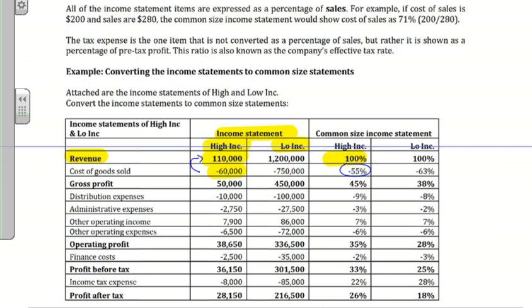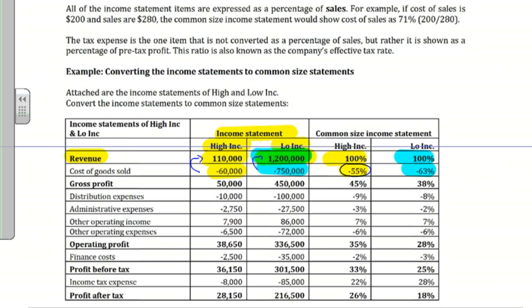When I look at Low, Low's revenue is $1.2 million. Same story, that represents 100% of the income statement. Let's look at Low's cost of goods sold, 750,000. If I put 750,000 over 1.2 million, what do I get? 63%. Now we can make a nice comparison, can't we?